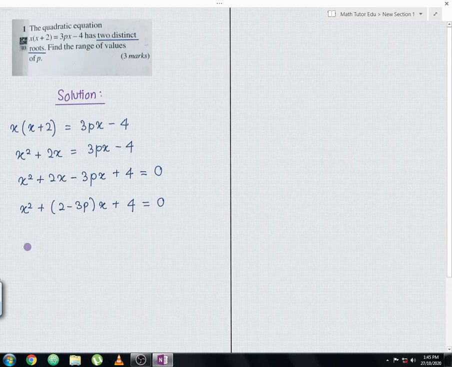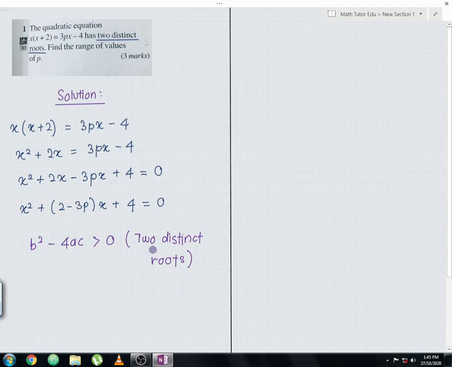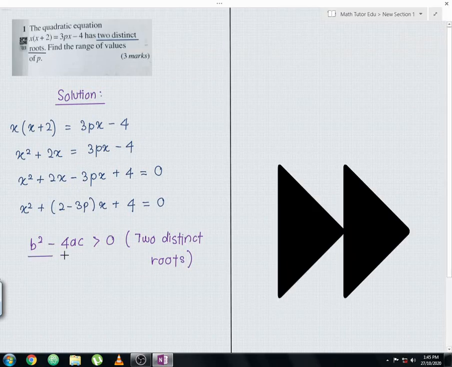So from here we're going to use the discriminant b squared - 4ac > 0, since it has two distinct roots. Okay, by the way, two distinct roots means, for example, let's say your first root is 1, your second root will be 2. Okay, it won't be 1 again. Okay, just for your explanation. Okay, let me underline this. I think it's better if I box this.